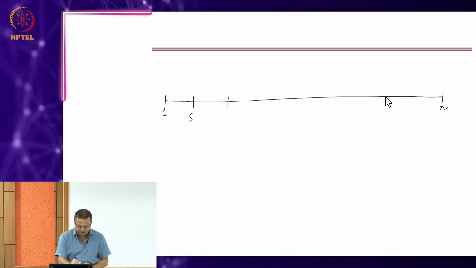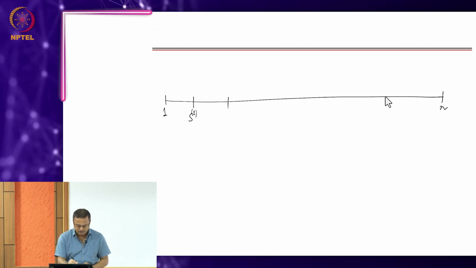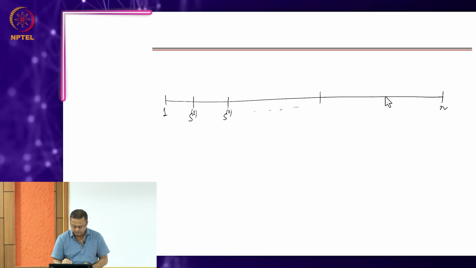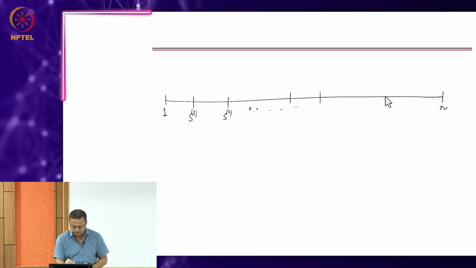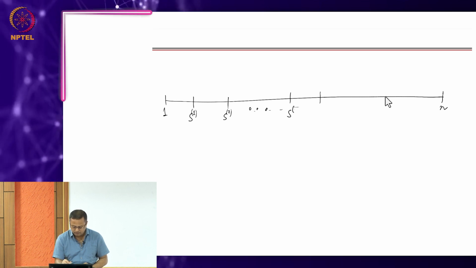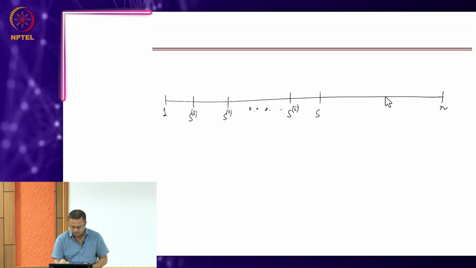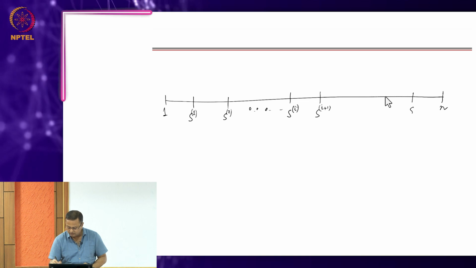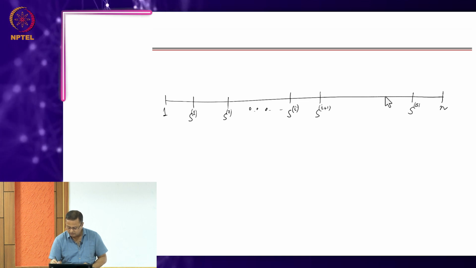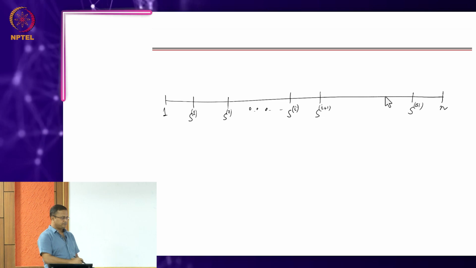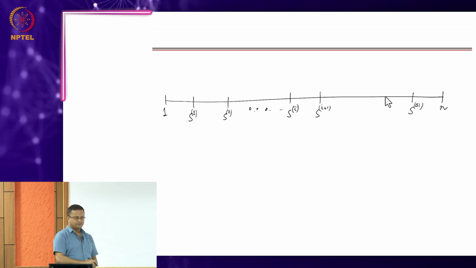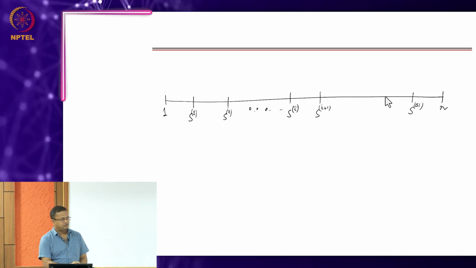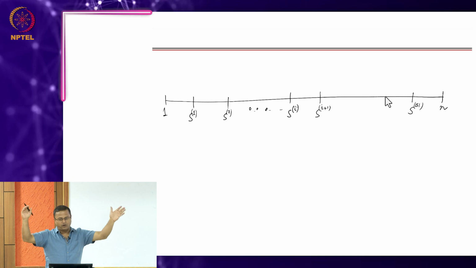This is the first element from S, this is the second element from S, this is the ith element from S, the (i+1)th element from S, and this is the last element from S. So, I just mark them on this line 1 to n.